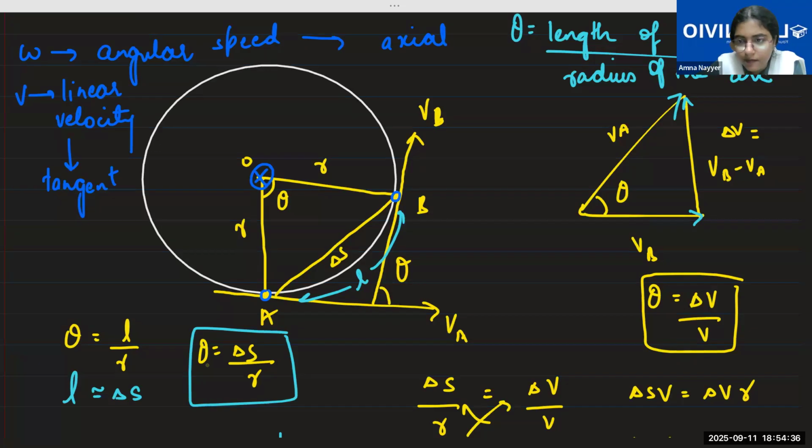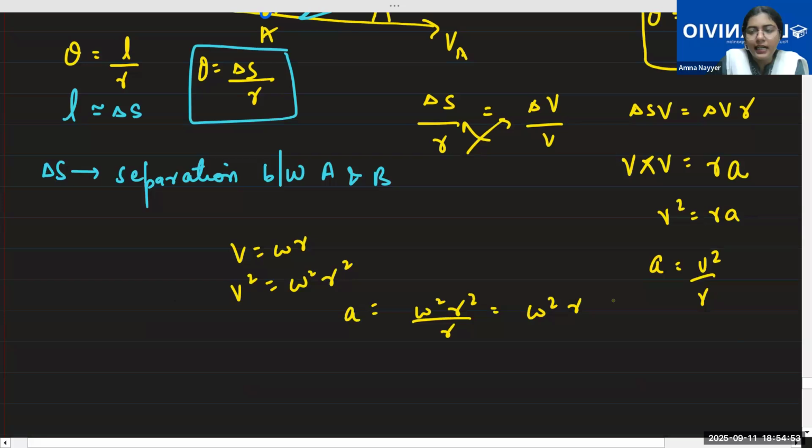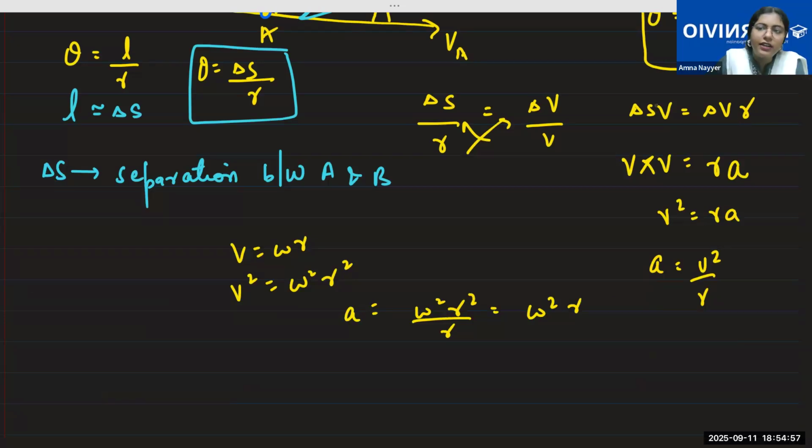Yes, we can. So delta S by R is equal to delta V by V. Now cross multiply: delta S into V is equal to delta V into R. Now we differentiate this term.